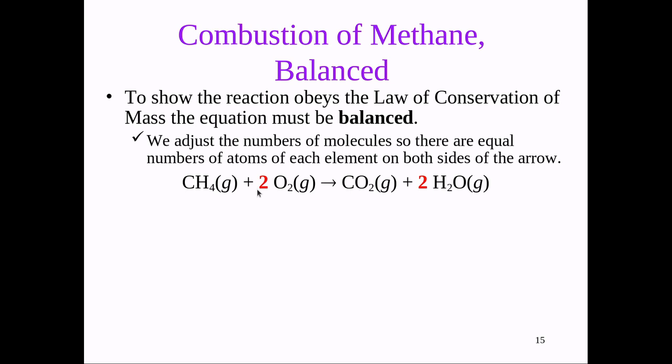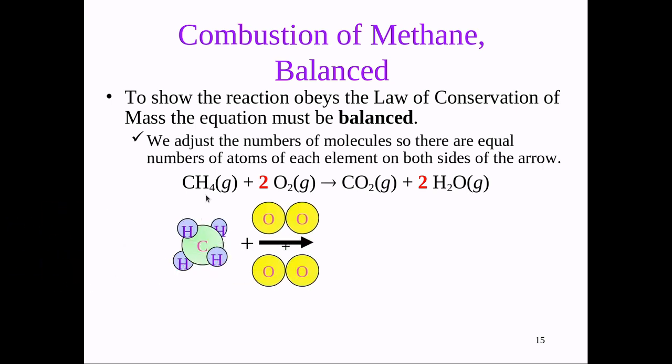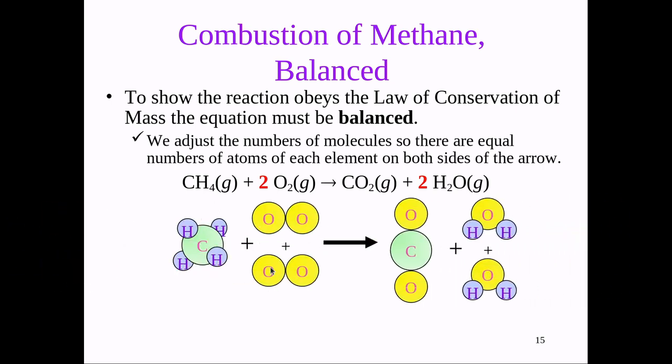So now we've indicated that we're going to mix 1 molecule of methane with 2 molecules of oxygen, and that's going to produce 1 molecule of CO2 and 2 molecules of water. If we check now, we'll see that this does now add up. We have 1 carbon over here, 1 carbon over here, 4 hydrogen over here, 4 hydrogen over here, 4 oxygens, and 4 oxygens.